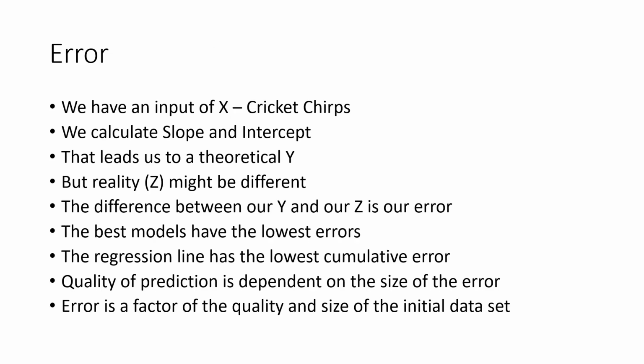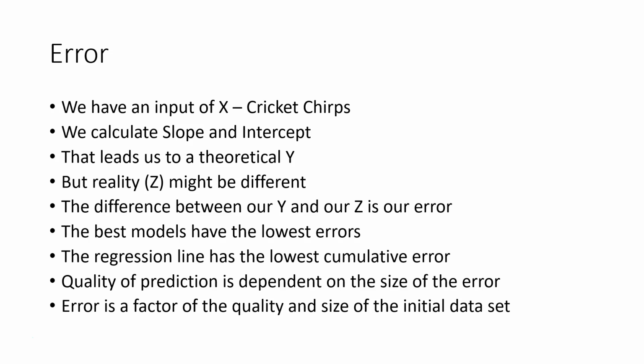In the Dolbear model, we have an input of x, which is the number of cricket chirps. And we calculate the slope and the intercept, and that leads us to a theoretical y. So for every combination of chirps and temperature, we can calculate what we think y is going to be.